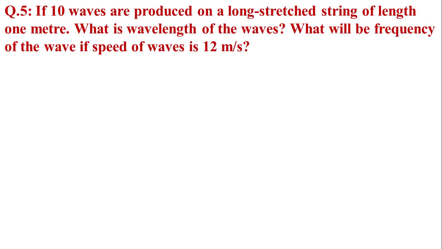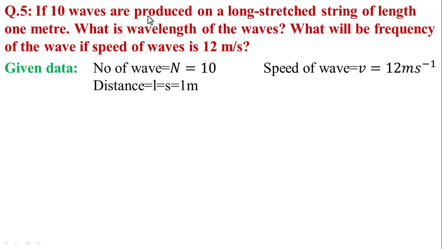In question number 5, if 10 waves are produced on a long stretched string of length 1 meter, what will be the wavelength and what will be the frequency of the wave, if the speed of the wave is 12 meter per second? First of all, according to the given statement, write the given data.